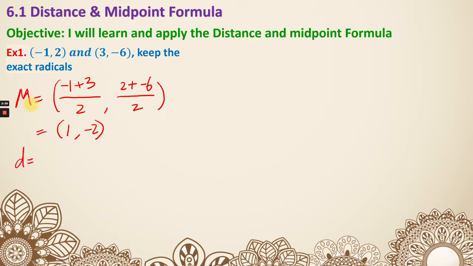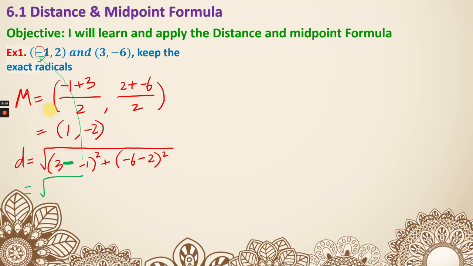As for the distance, here's what I want to emphasize. Make sure you carry the sign with the actual numbers. So x2, which is 3, minus my x1, which is -1, then squared, plus -6, which is y2, minus 2, then squared. Again, I'm emphasizing the negative sign right here. This negative sign is that negative sign right there, so I still keep it.